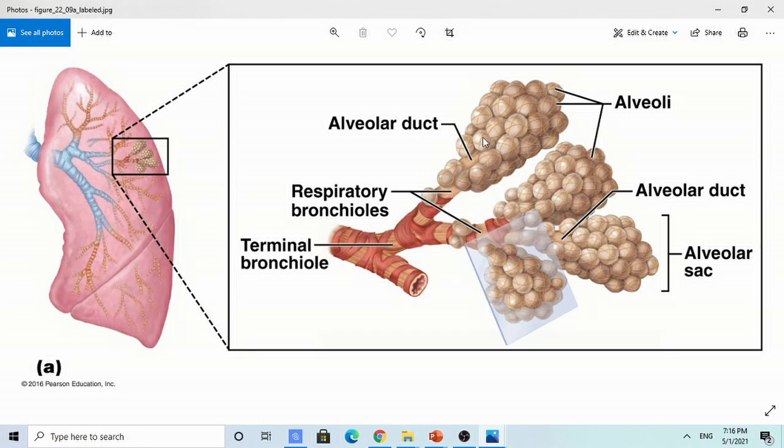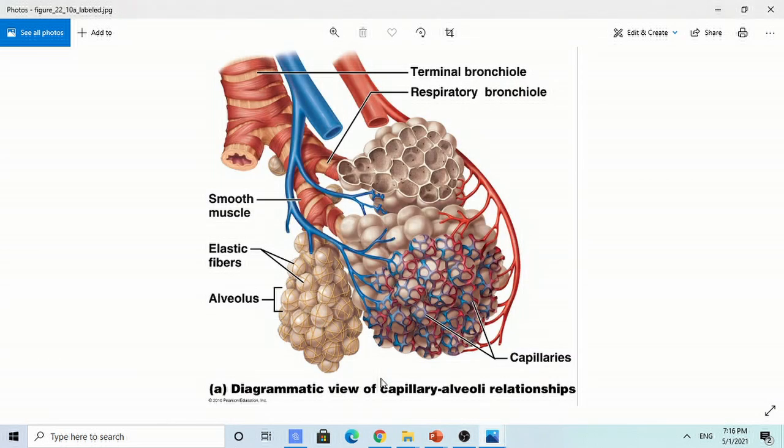So these alveoli are hollow organs or balloon-like structures, very thin-walled, which are actually where air brought in through these bronchioles and alveolar duct ends. So as we can see on the next picture, which is this one, these alveoli are surrounded by capillaries, which are branches of the pulmonary artery.